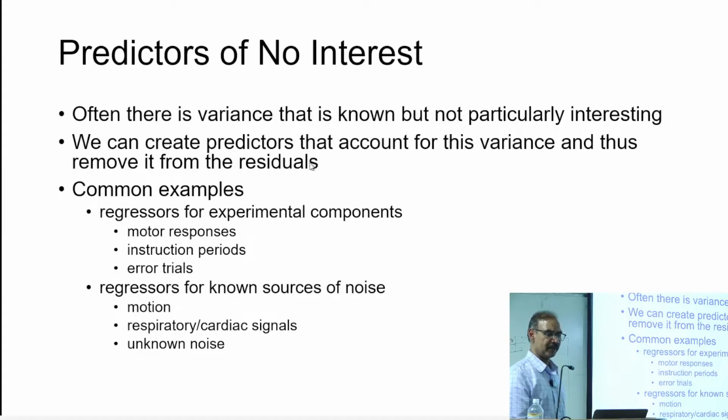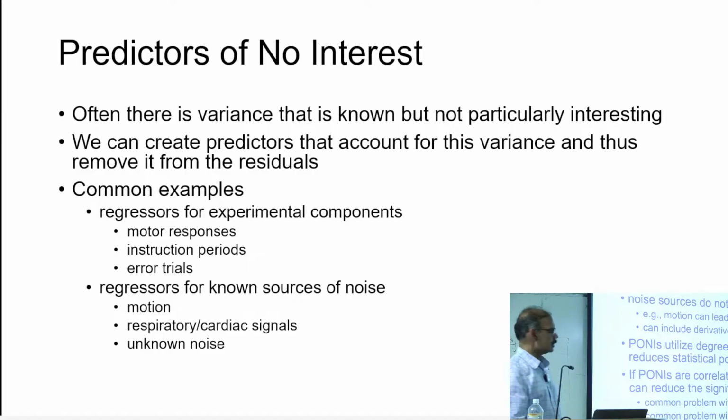Common examples are regressors for experimental components like motor responses, instruction period, and error trials. Regressors for known sources of noise would be motion and respiratory and cardiac signals, as well as unknown noise sources.